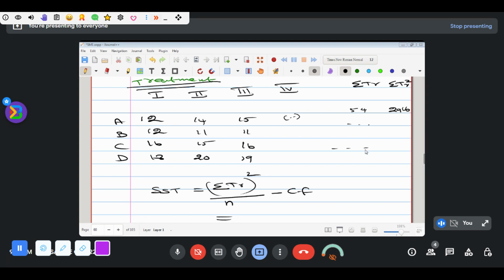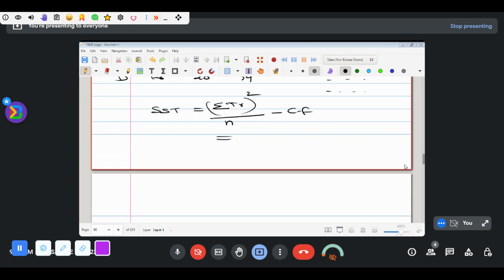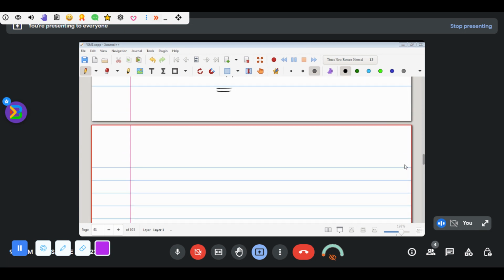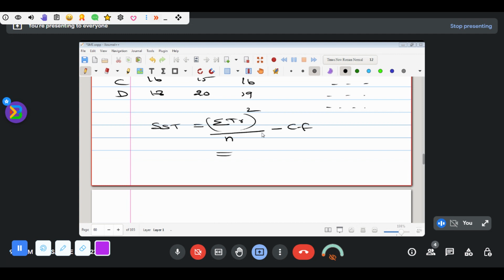Similarly, calculate all the others. The end result is SST, which is 144.5. Please check that.